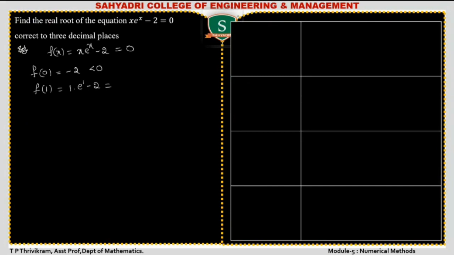That is 0.7183. Up to 4 digits I have rounded.